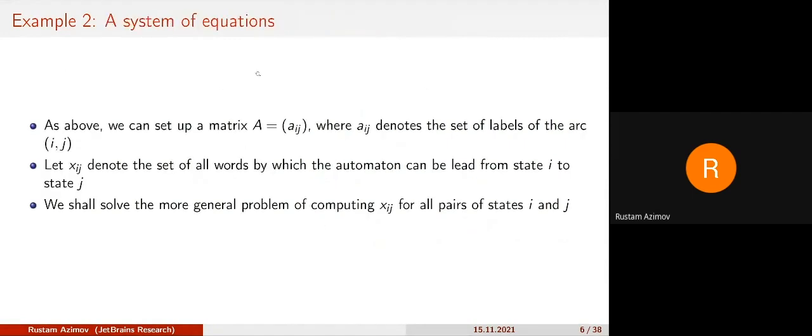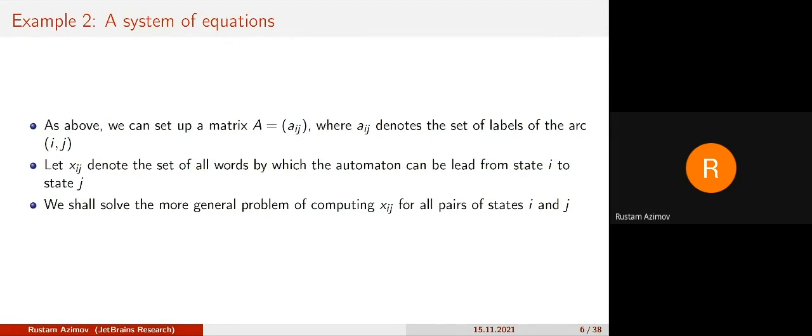Here again we build a system of equations. We can initialize the adjacency matrix of the graph representation of the finite state automaton, and it will have as elements the sets of labels on the corresponding arcs.